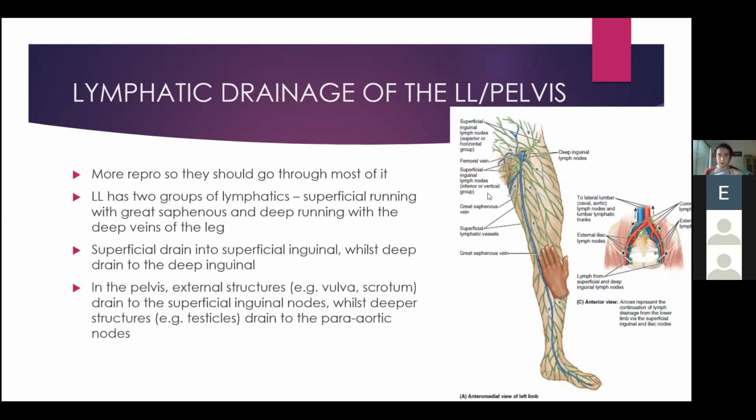However, the testicle and parts of the uterus and the ovaries drain up into the para-aortic lymph nodes. So just try to remember that the more external ones, or the more superficial structures, like the scrotum and the vulva, will drain to the superficial inguinal, whereas the deeper structures just drain straight up into the para-aortic lymph nodes.